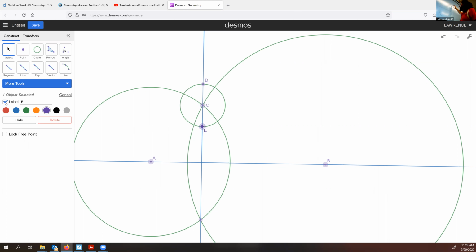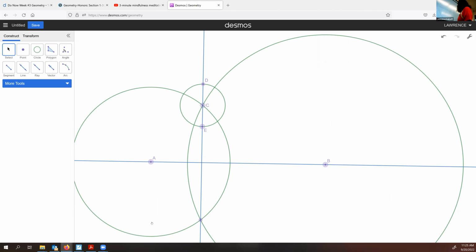So if I do a perpendicular bisector for line segment DE, it will go through point C, the midpoint or center of the circle, and it will be perpendicular to line DE.